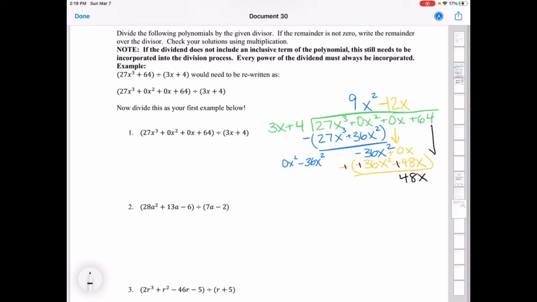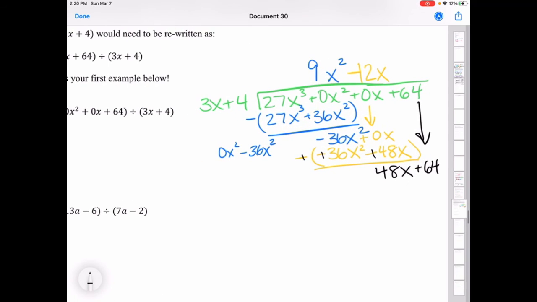Now I'm going to bring down the 64. And I'm going to say, okay, well, what times 3 can give me 48? 48 can be divided by 3 how many times? Let's do long division on the side. 3 goes into 4 once. I have 1 as a remainder.